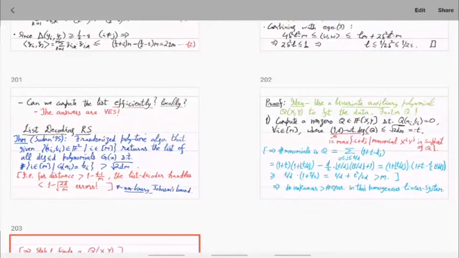Okay, so for t square root of 2dm, if G matches more than these many places in the data, then you will find G and the list will be small.